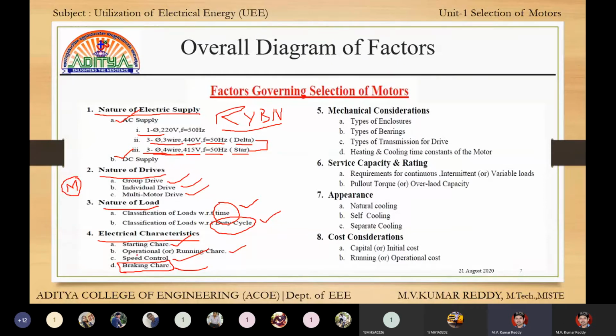Only starting characteristics, operational or running characteristics are there, and speed control. In learning we take starting characteristics and operational characteristics as one topic, and speed control as a second topic.